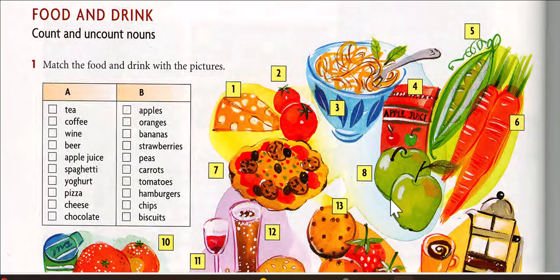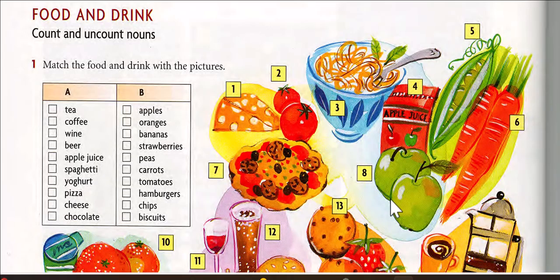And list B has apples, oranges, bananas, strawberries, peas, carrots, tomatoes, hamburgers, chips, biscuits. So let us match the food items with the list, either A or B.